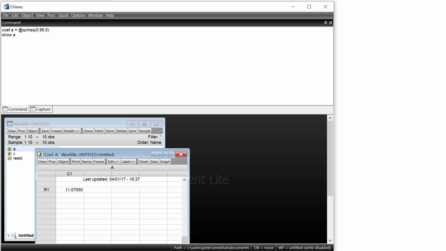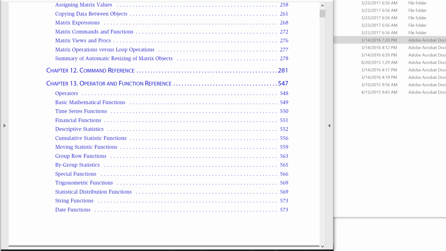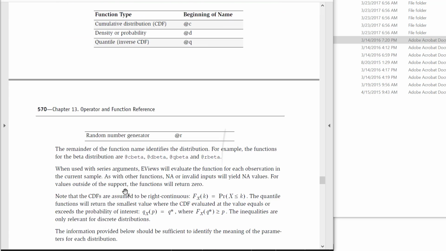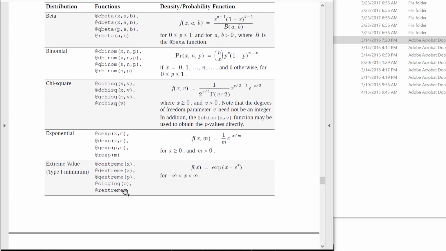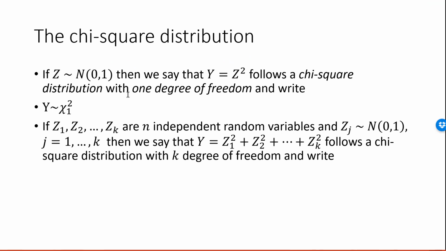Just check out the statistical distribution functions here, and you can see, for example, for the chi-square, I use this one, qchisq.